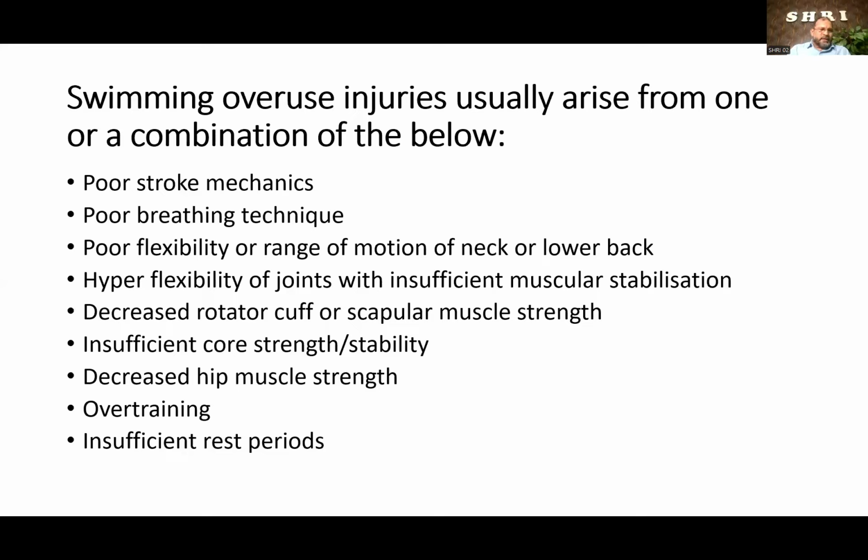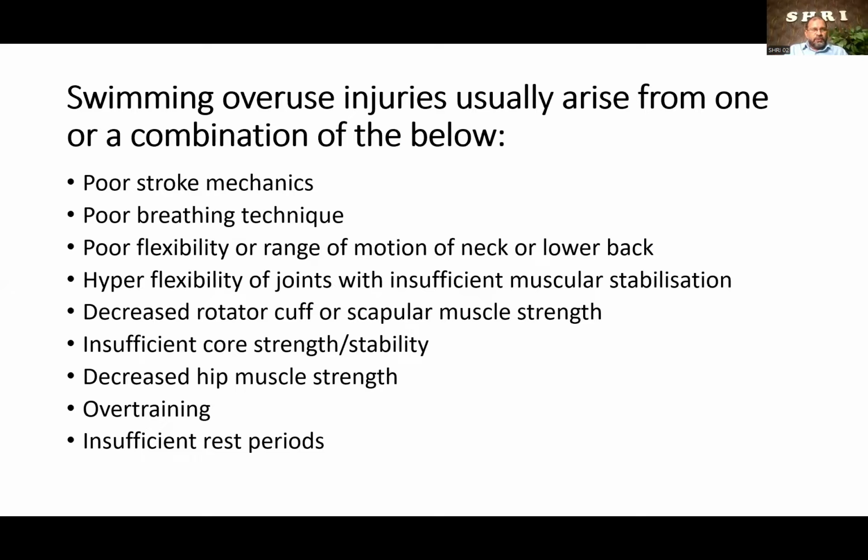Then in each and every sport, the core strength, or the stability of the core, that is the pelvic, abdomen, and chest muscles, should be very strong, because the limbs are connected to the trunk.